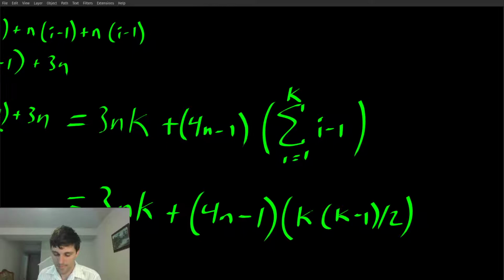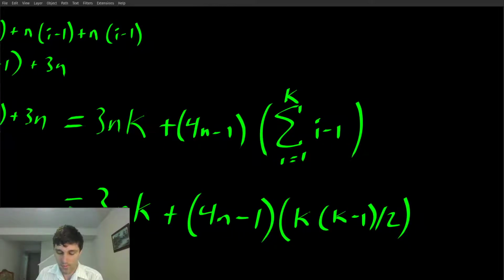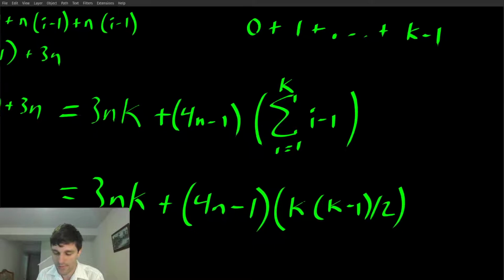And one way you can remember this if you ever get stuck is, this sum, in this case it's got the minus 1 on there, but it's going to be something like 0 plus 1 plus ... plus k minus 1. Maybe you've seen this before.